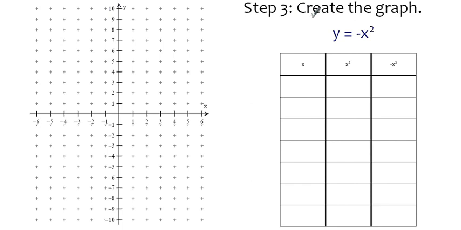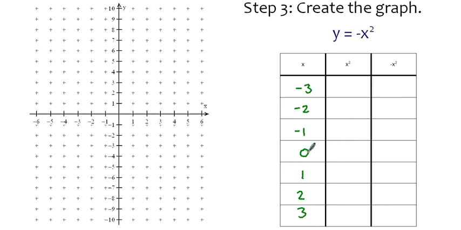Okay, let's generate our ordered pairs in a nice organized way. We'll write 0 and some small positive numbers, as well as some small negative numbers. Now, since this equation is almost the same as y equals x squared, it will be interesting to compare the table and the graph of y equals negative x squared to that of regular x squared.